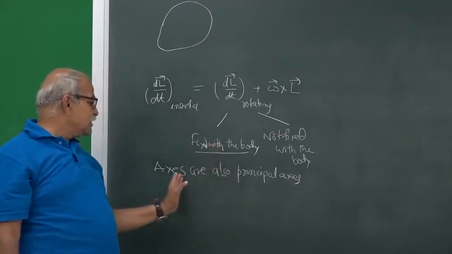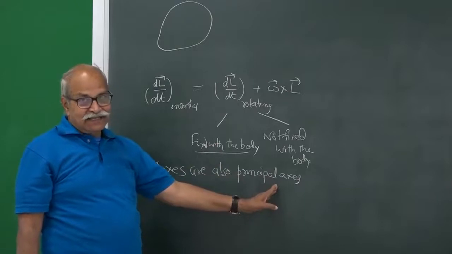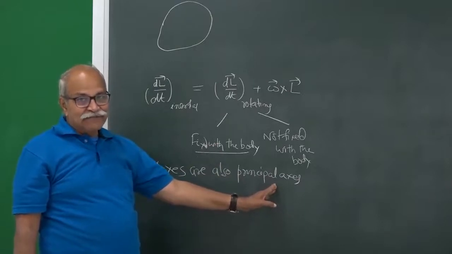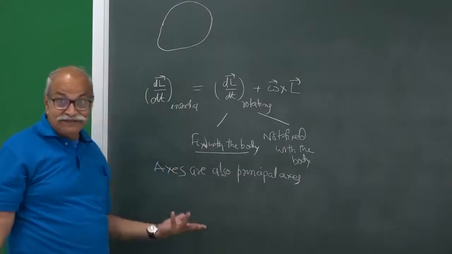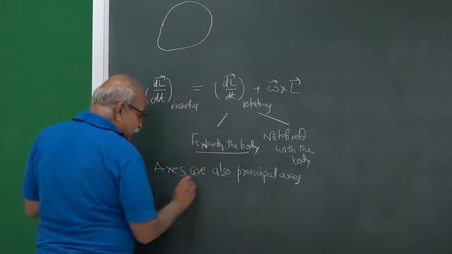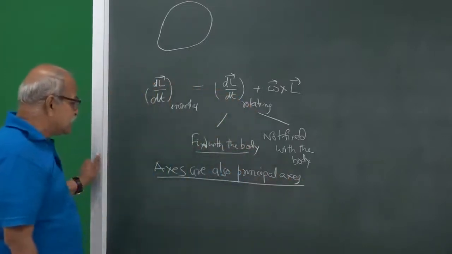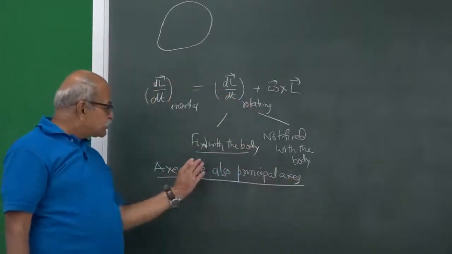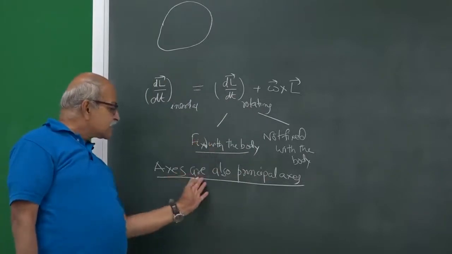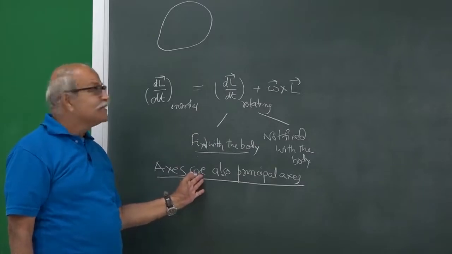So, if you are using axes which are also principal axes of the rigid body through that origin, then life is simple in many cases. So, we will be talking of this. We will be choosing an axis system which is fixed with the body and the axes themselves are principal axes. So, what happens to the equation of motion?